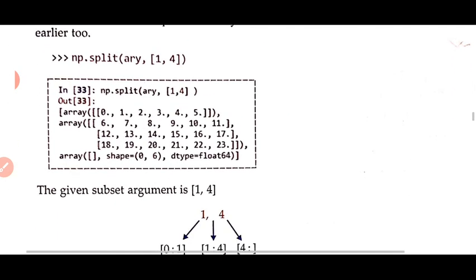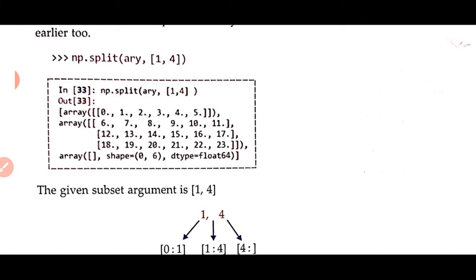Now the next one. In this example you can see np.split(ARY, [1, 4]). So what will be 1, 4? 0 to 1. 0 to 1 means 1 minus 1, the minus 1 concept will apply, so only row number 0 is your first part.